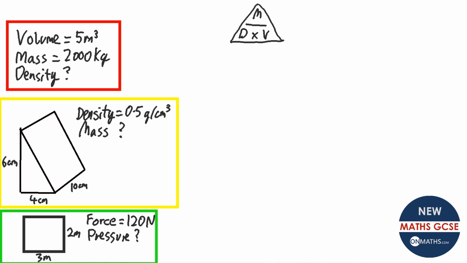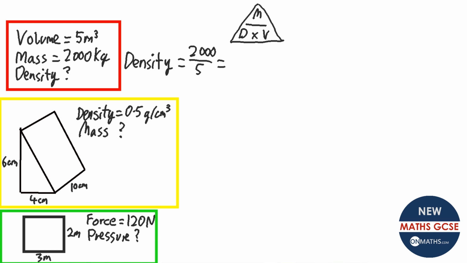So for this first question, it says the volume's 5 and the mass is 2000. Work out the density. So density equals mass over volume. So the mass is 2000. The volume is 5. So 5's into 2000.